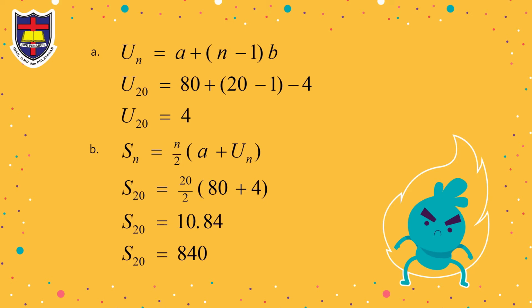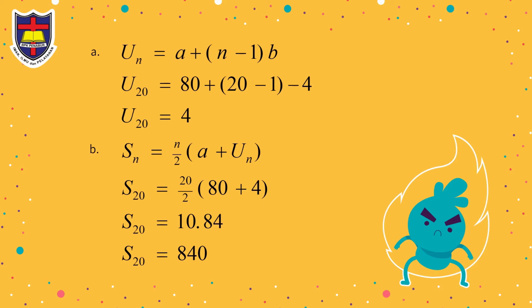So we have a plus 19 times negative 4. 19 times negative 4 is negative 76. So we have a minus 76, so we have 4. So the 20th term is 4.